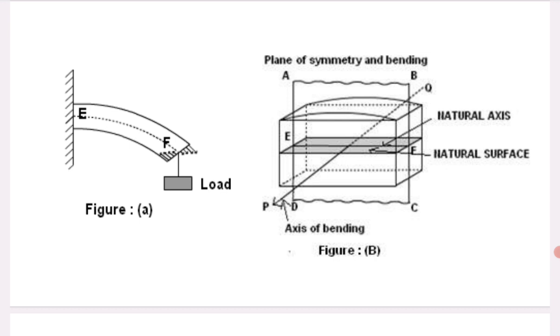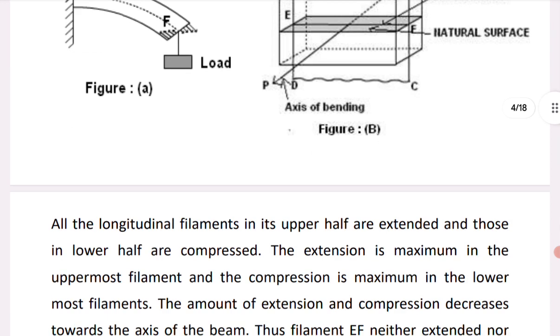The layers above that natural surface all get elongated. The layers below the natural surface get compressed. The axis passing through the natural surface or natural layer is known as the natural axis or neutral axis.